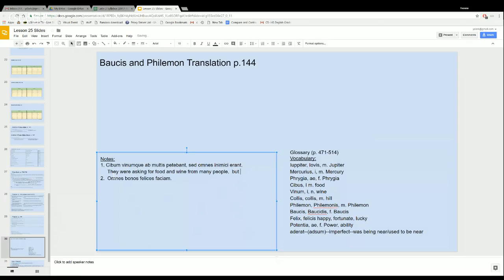Okay, and Alexis, do we have a subject here in omnes, this last one? The subject is included in the verb errant. Well, they, it could be, but could omnes also be the subject? So omnes could be the direct object. I see where you're going with that. Or it could be the subject or the direct object.